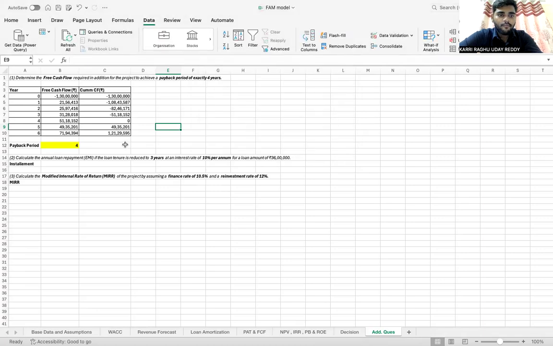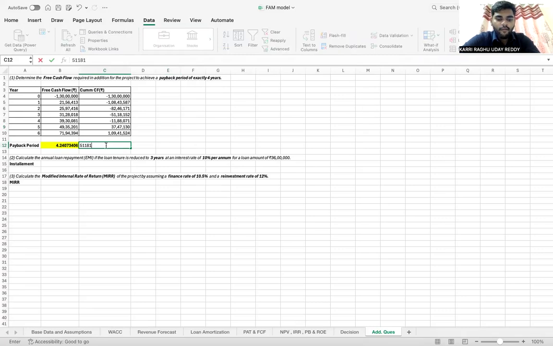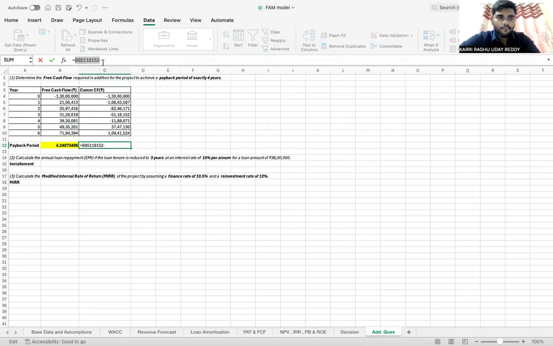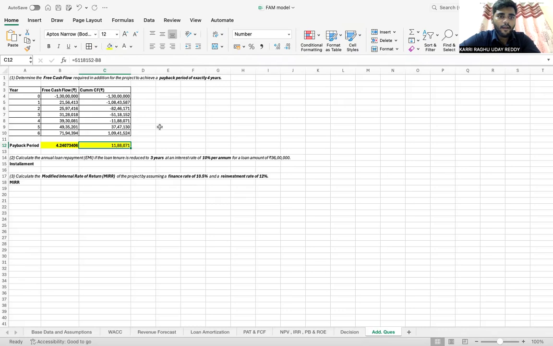So 51,18,152 minus the present value is this value. So in addition, we require this much amount to get the payback period to 4 years. Now let us proceed to the second question.